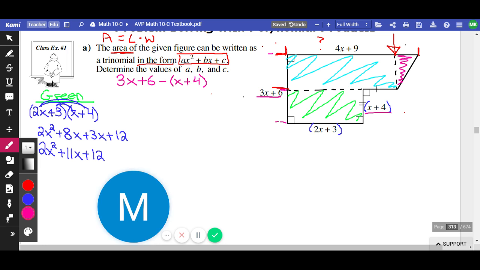There are other ways you could have done that, but I think this is the best way. Remember that this negative would come into the bracket, so it becomes 3x plus 6 minus x minus 4. That means my little gap up there is going to be 2x plus 2.